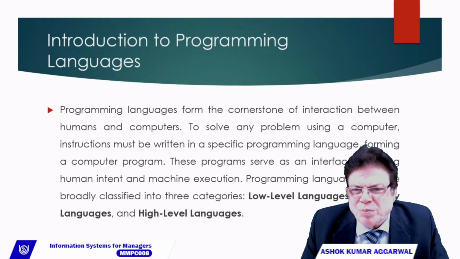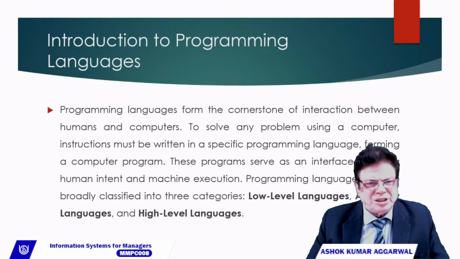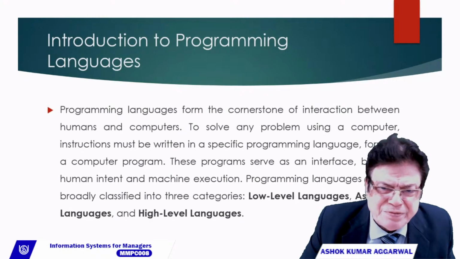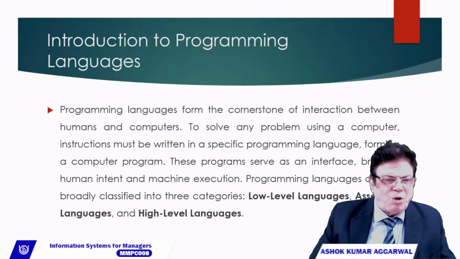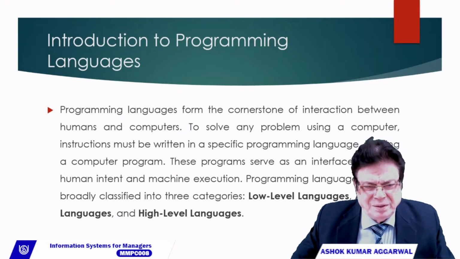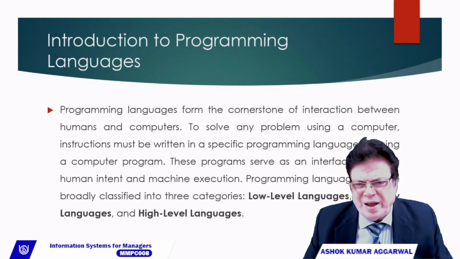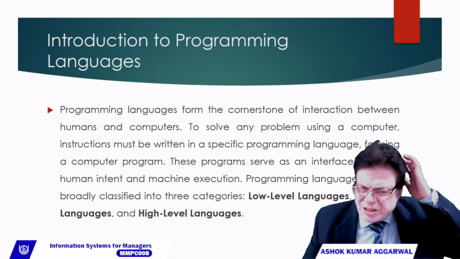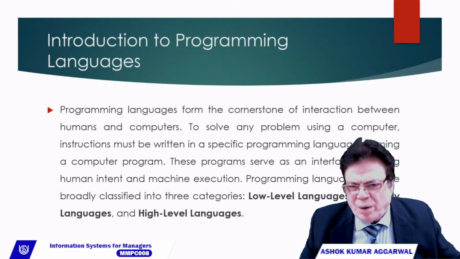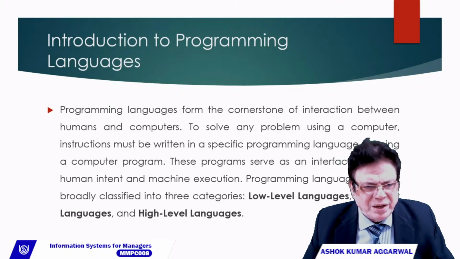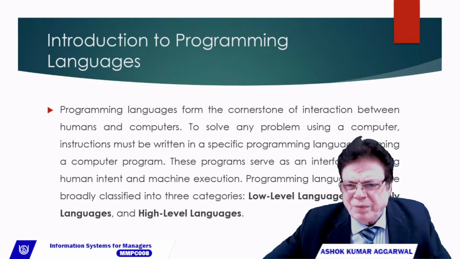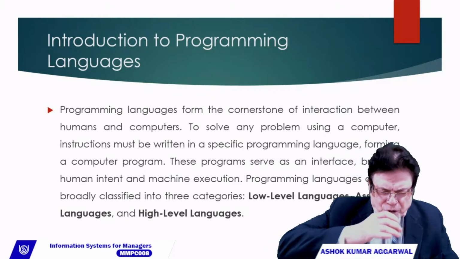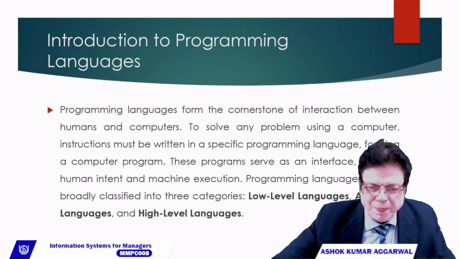To solve any problem using a computer, instructions must be written in a specific programming language, forming a computer program. These programs serve as an interface bridging human intent and machine execution. Programming languages can be broadly classified into three categories: low-level language, assembly language, and high-level language.